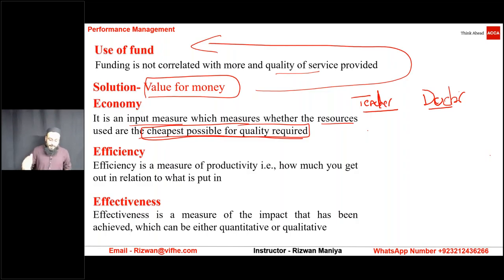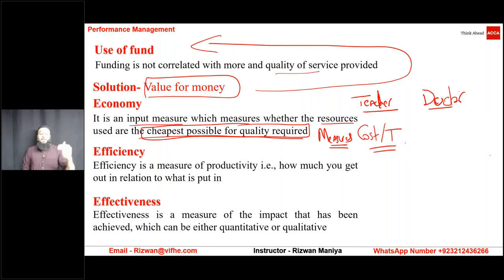Now the second question that comes: how will we check whether a business is economical or not? For that we need to have measures. What measure is useful in the case of a school? I would say cost per teacher is a measure.